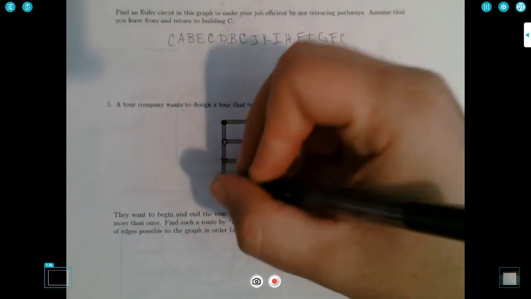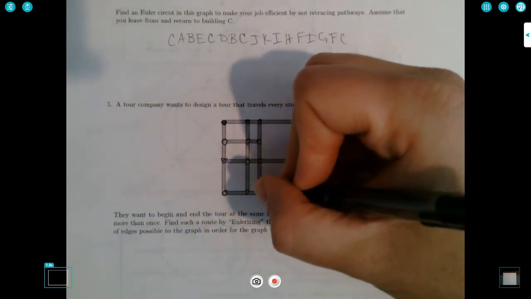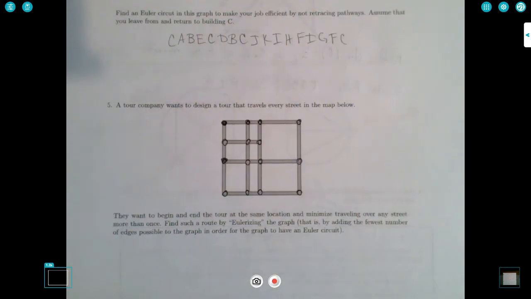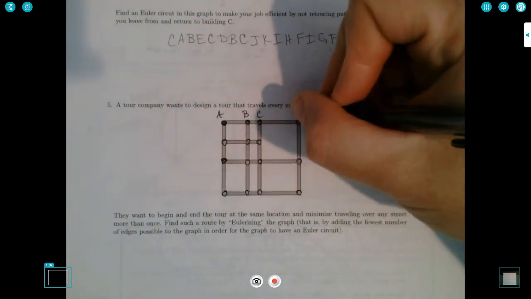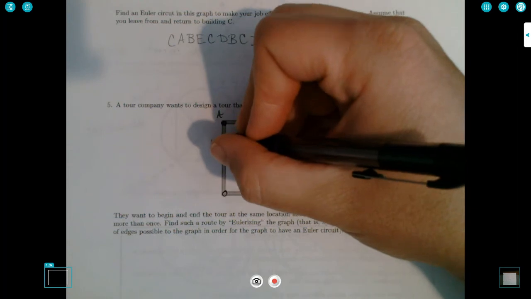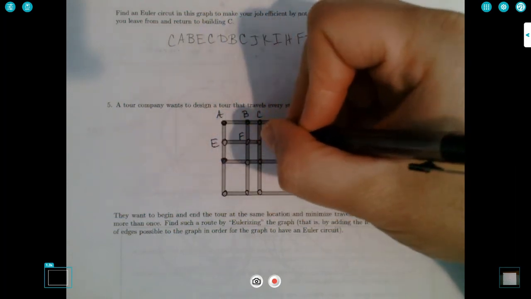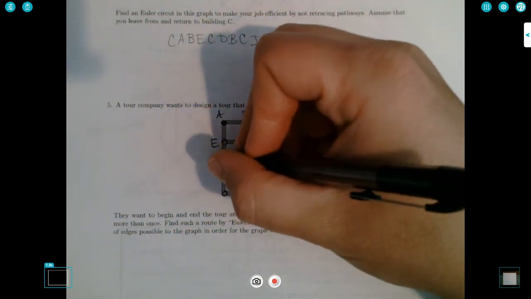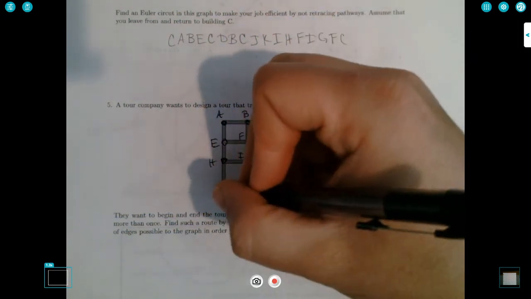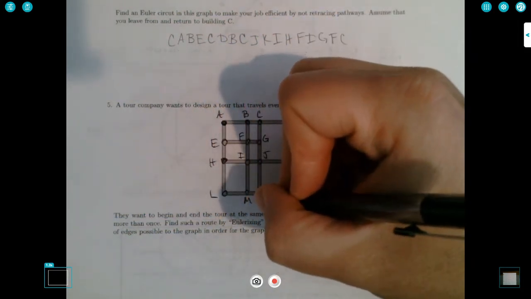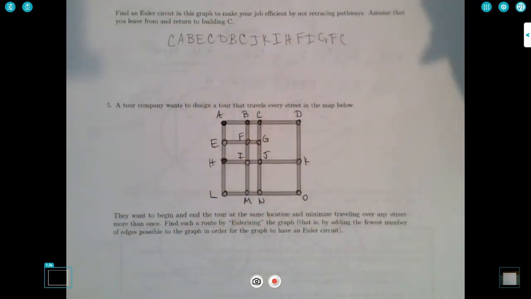Right, so that I don't have to redraw the whole thing, I'm just going to draw the vertices there. Okay, and we can label these A, B, C, D, E, F, G, H, I, J, K, L, M, N, O.